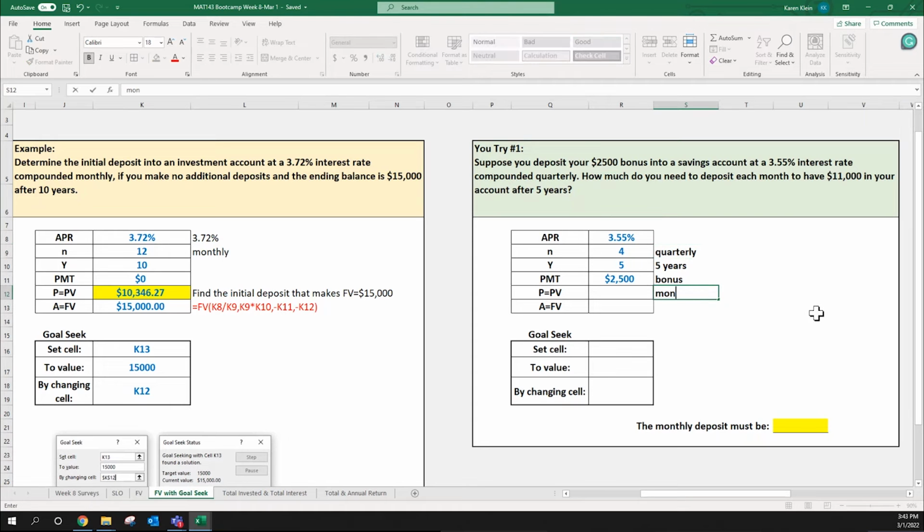So here we're going to have a monthly deposit. So we need to change this to monthly as well. So we're going to change this to 12 so that these match up. So we're going to change quarterly to monthly so that our frequency is matching up.